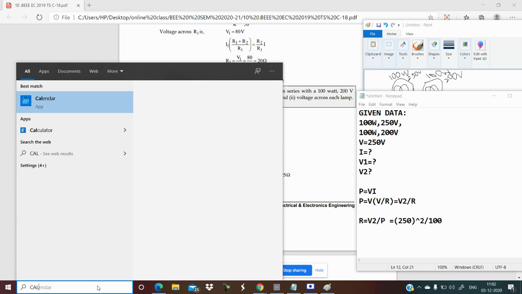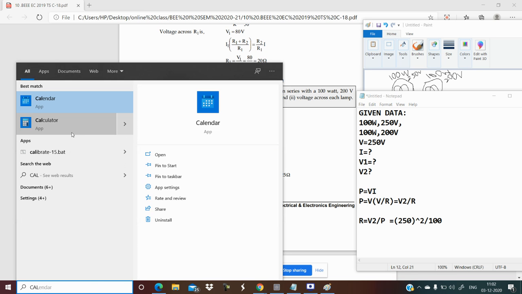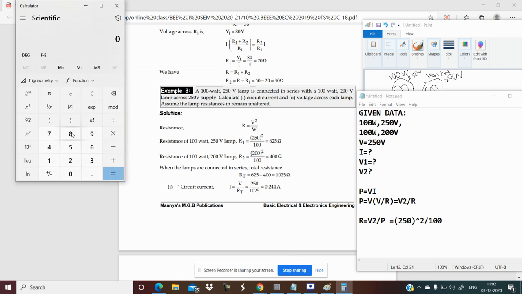So 250 into 250 divided by 100. What we are getting is 625 ohms.